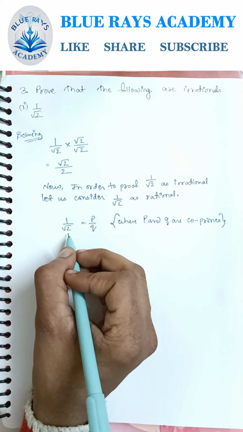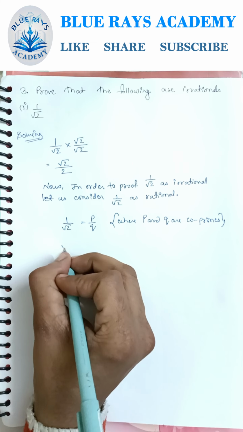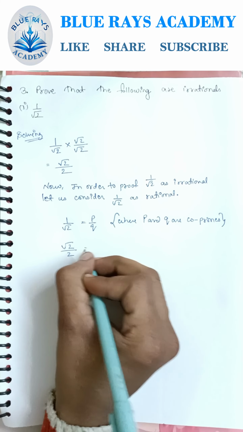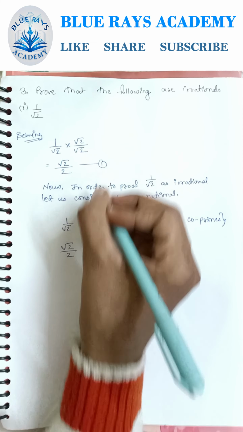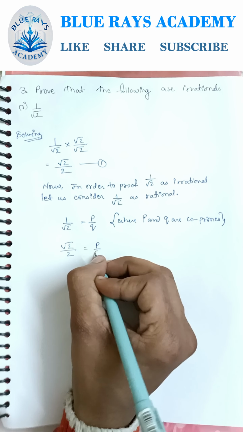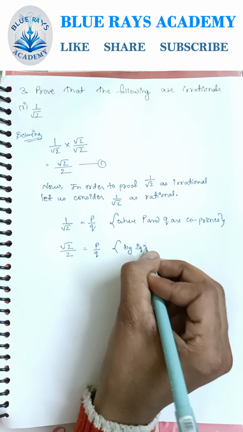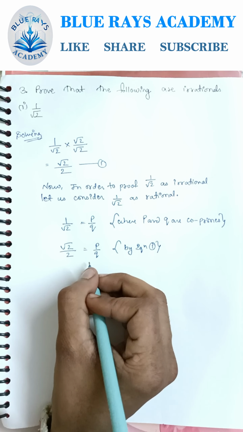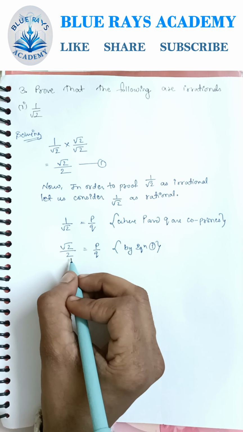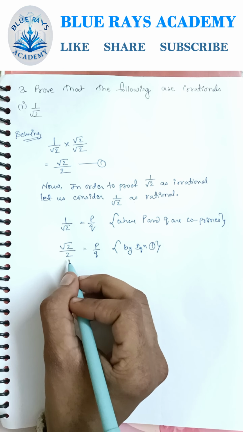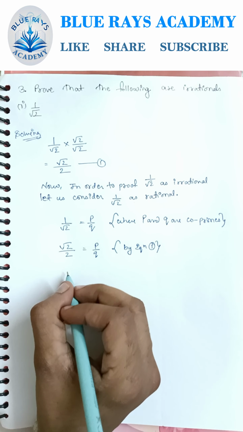We have the value of 1 upon root 2 as root 2 upon 2. You can consider this as equation 1 and give the reference by equation 1. Now, since 2 is in division, we will put 2 as multiply.